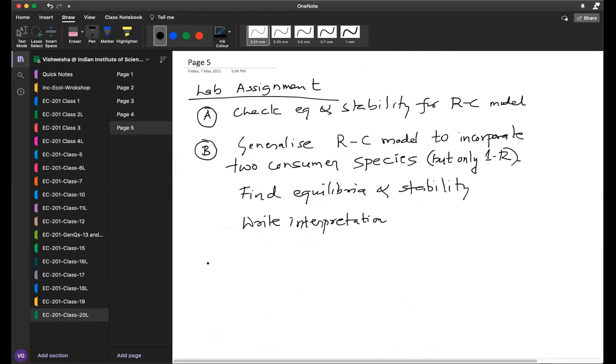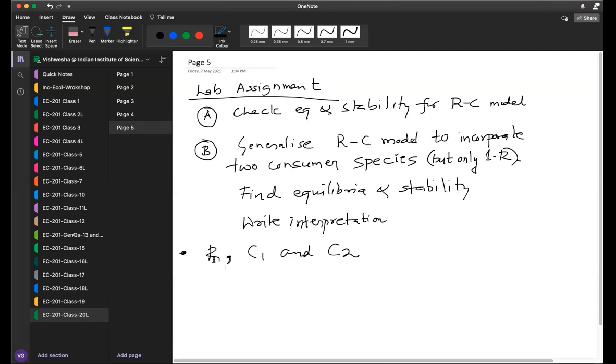Basically you have R, C1 and C2, three entities here now. The key thing you must make sure is that C1 depends on R, C2 also depends on R. So the interaction between them happens only because of R. You don't have to explicitly write how C1 and C2 fight.